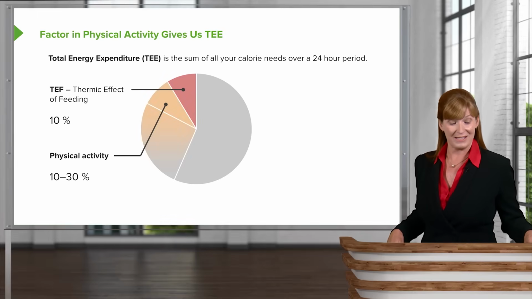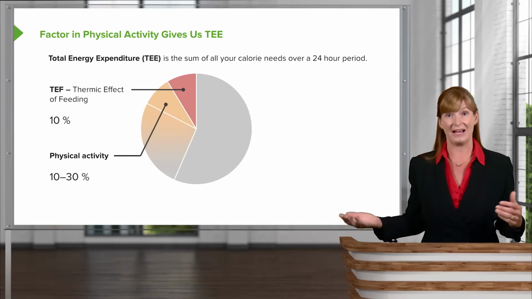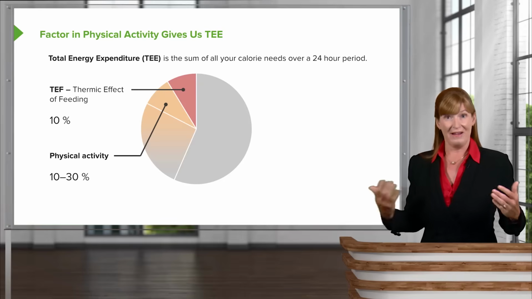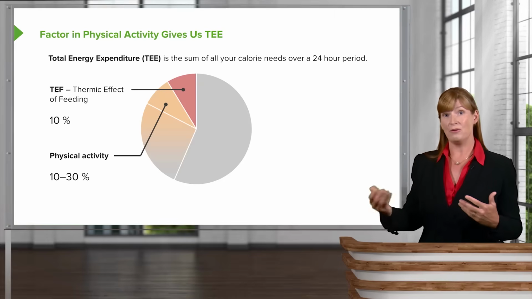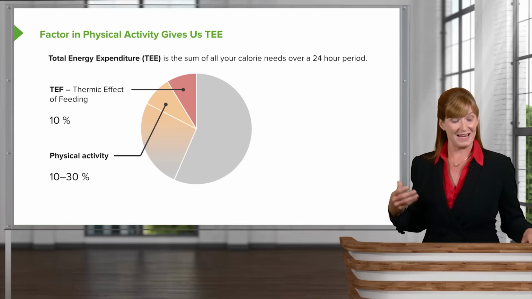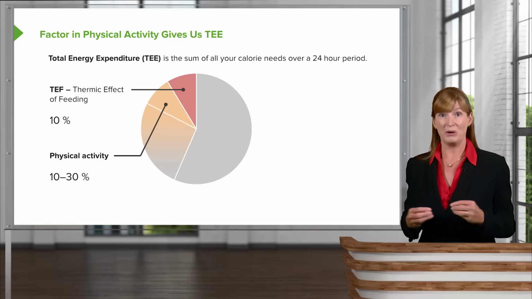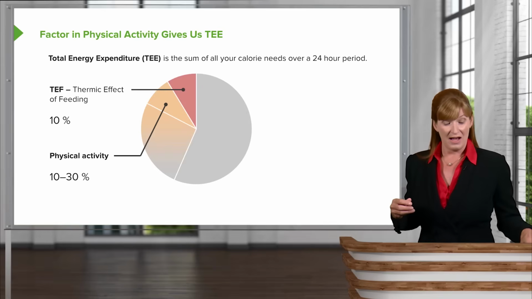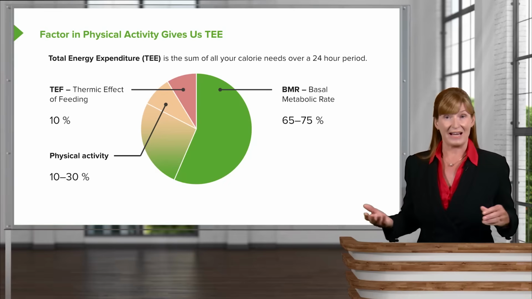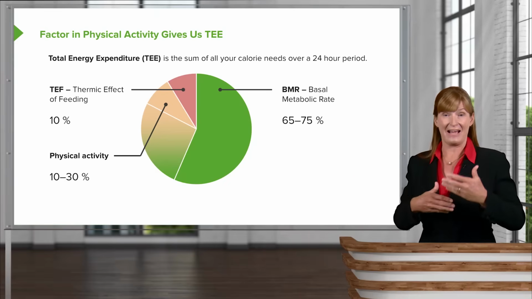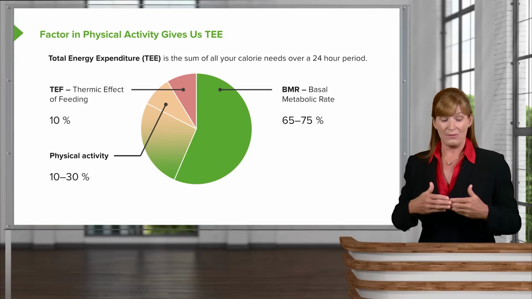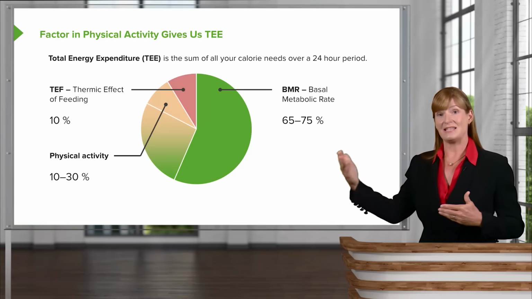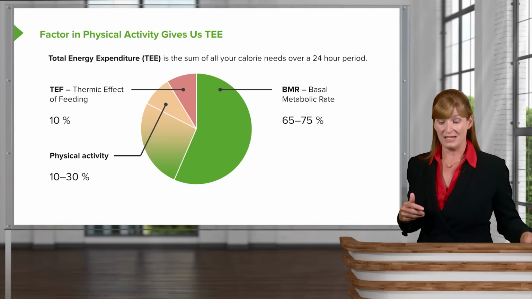Now, of course, in addition to that, we have some physical activity. Some of that physical activity is activity that we choose to do as we move around, but even when we are sitting still, we are still burning calories. And we need to add this physical activity, whether it's intended exercise or general mobility, to our basal metabolic rate.